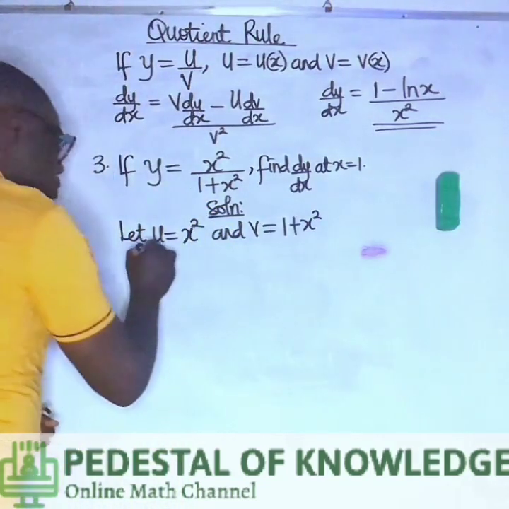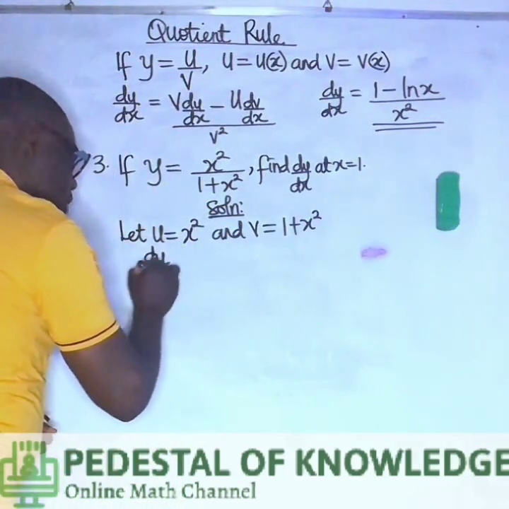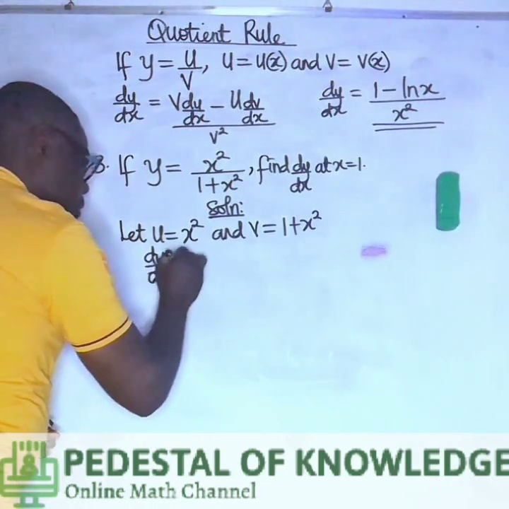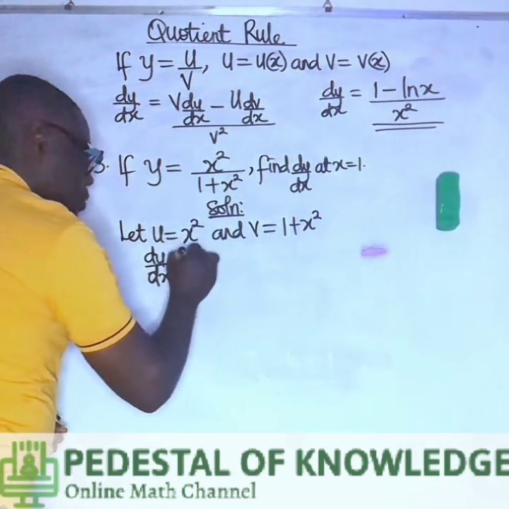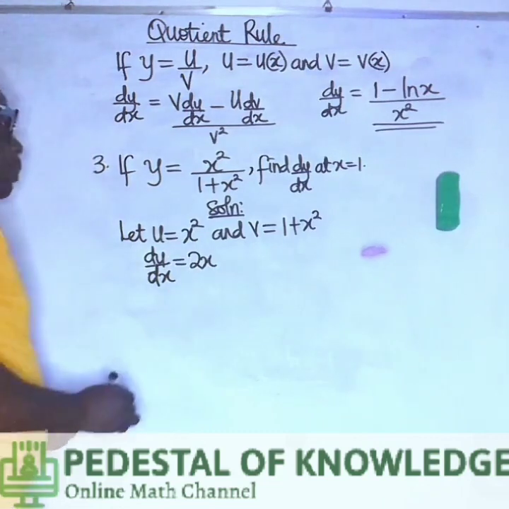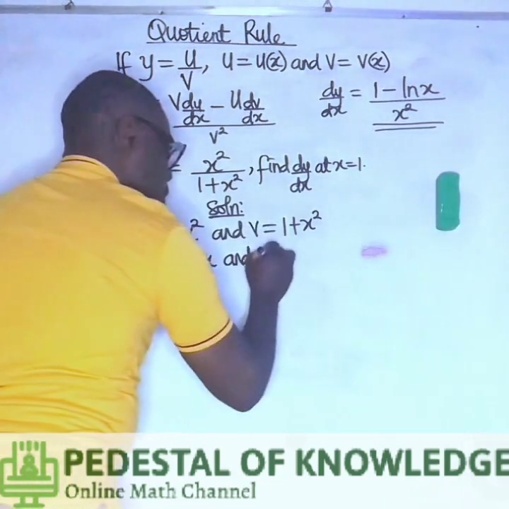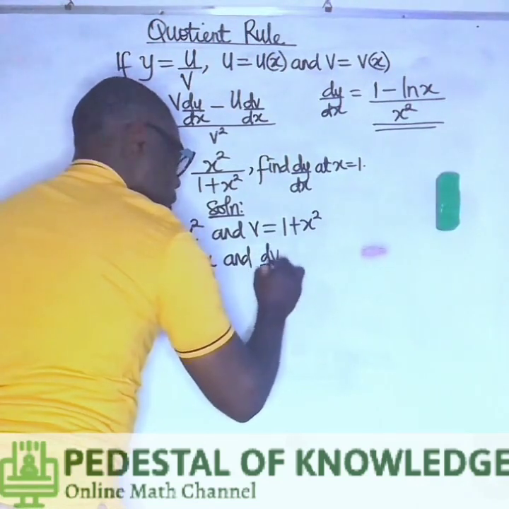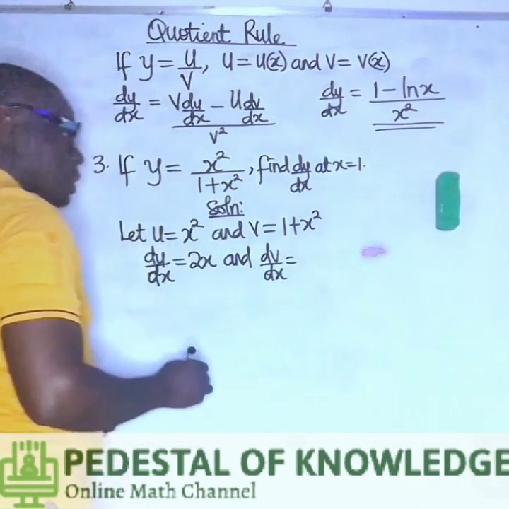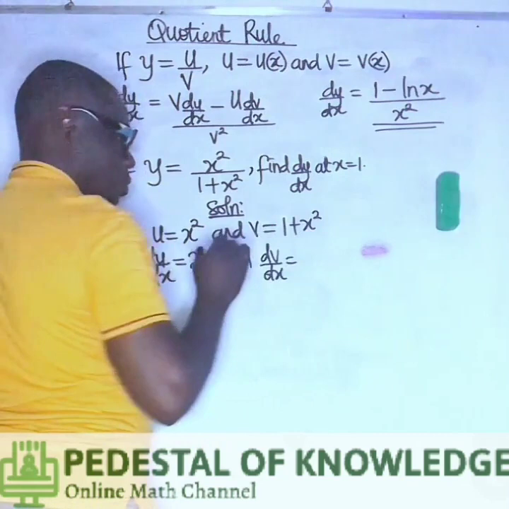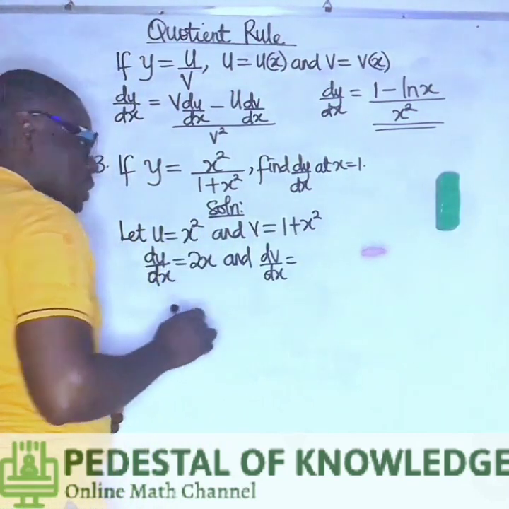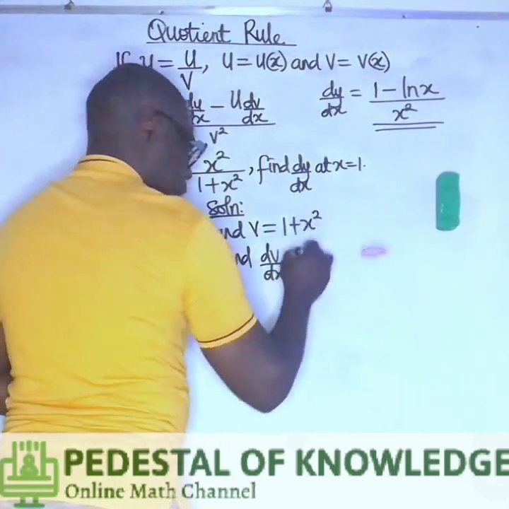Now du/dx is equal to 2x, and dv/dx here is equal to the differential coefficient of 1, which is 0 because it's a constant, then the differential coefficient of x squared is 2x.